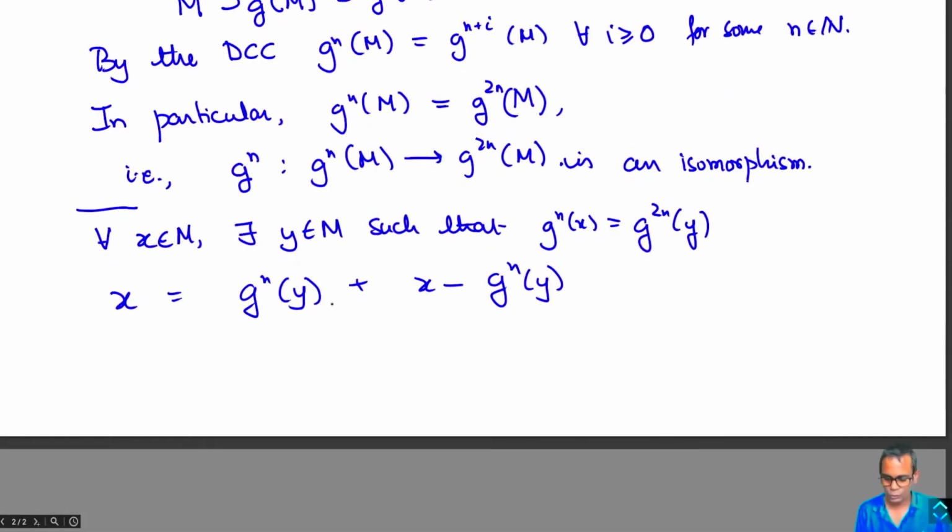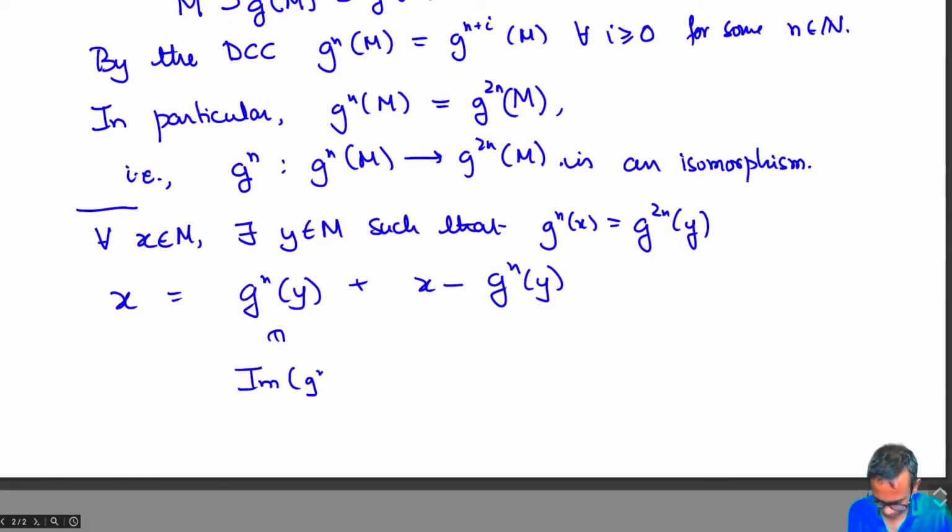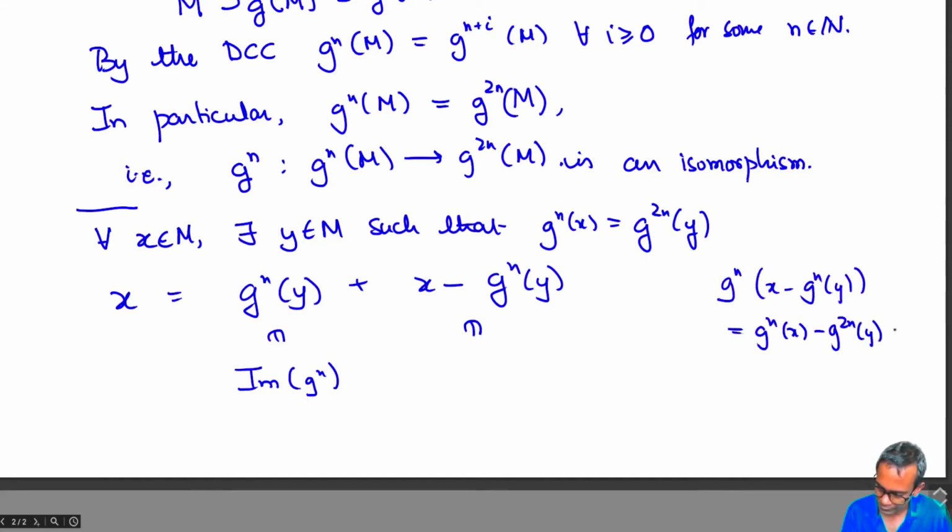Now let's look at these two parts of the sum. This belongs to the image of g^n, and this, well, if I apply g^n to this, so I take g^n x minus g^n y, then I'll get g^n x minus g^(2n) y, which is 0 because g^(2n) y is equal to g^n x.